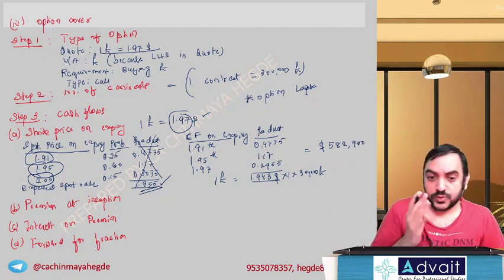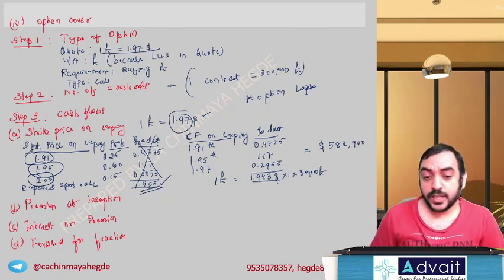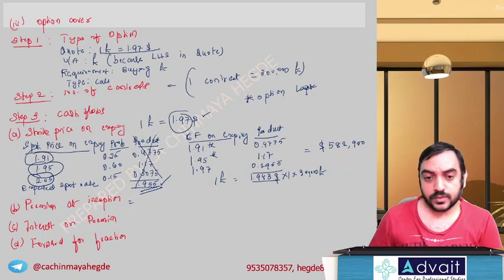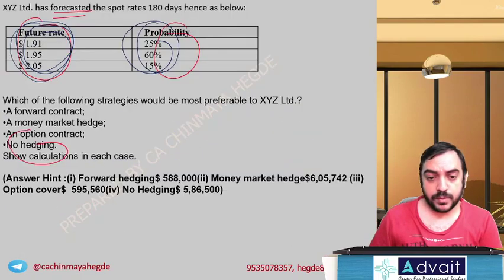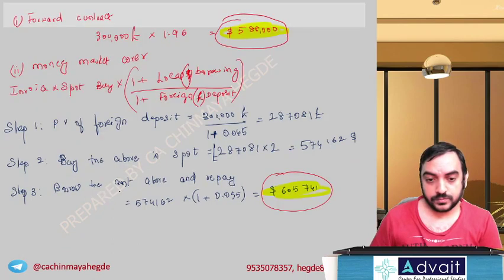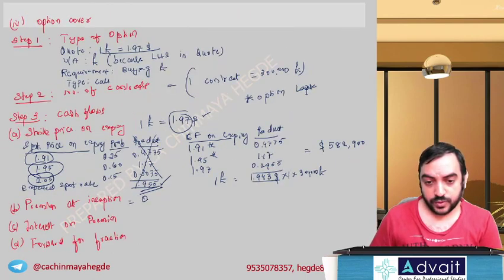Okay, so this is about the strike price on expiry. Premium at inception is very clear. Again, for the premium amount there is no confusion: 0.04 into lot size, one contract only, into 3 lakh pounds.